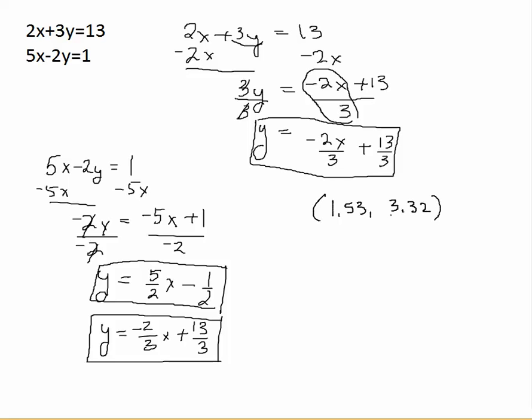Now remember, these are approximations. So when we go to verify, we're going to take 2 times 1.53 plus 3 times 3.32, and the question we're asking ourselves is, does that equal 13? And it's going to be an approximate value.